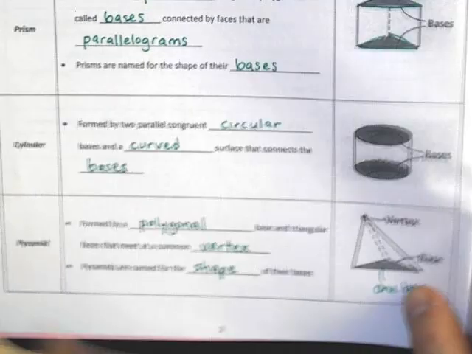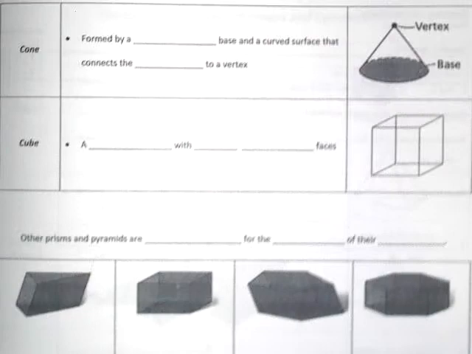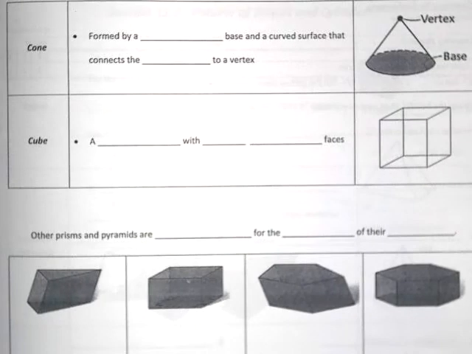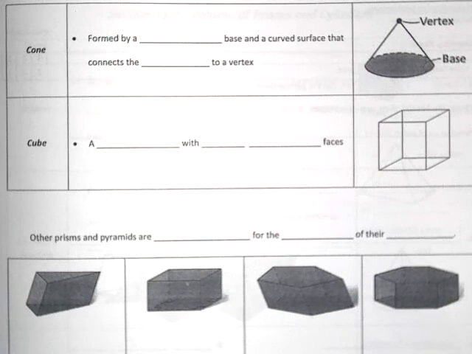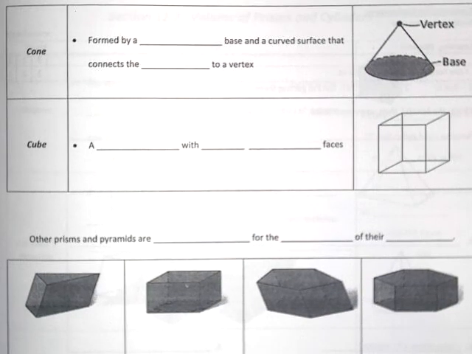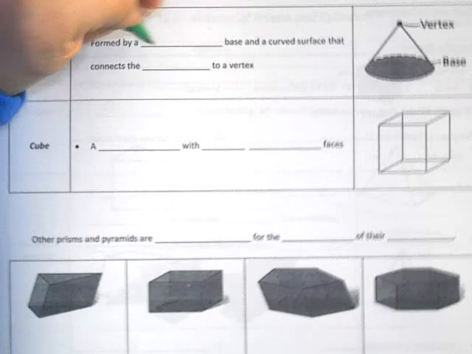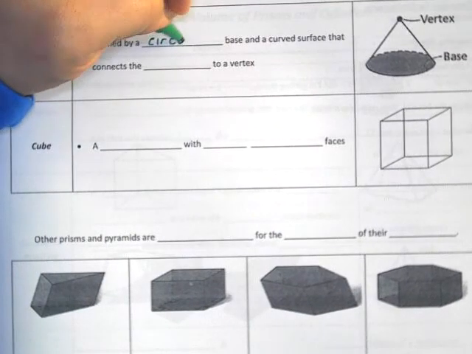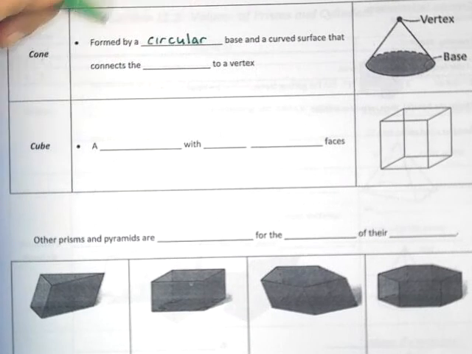All right, moving right along. The next figure that we're going to focus on is cones. Cones are formed by a circular base. Once again, that was a singular base.